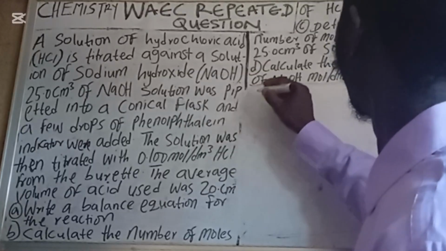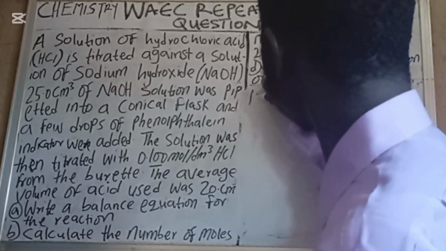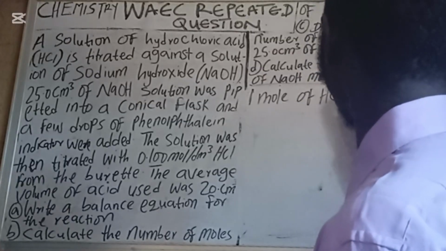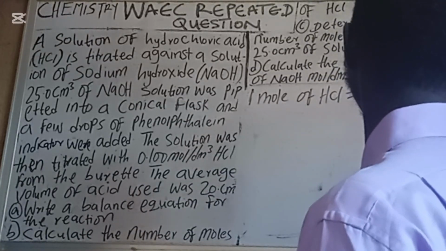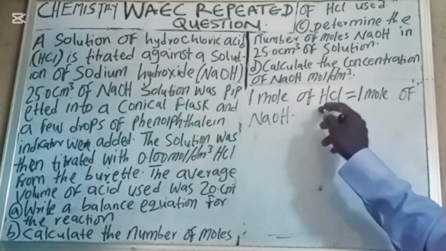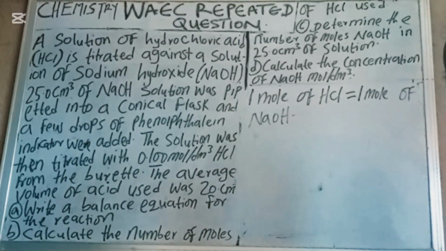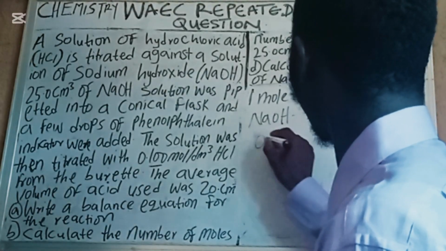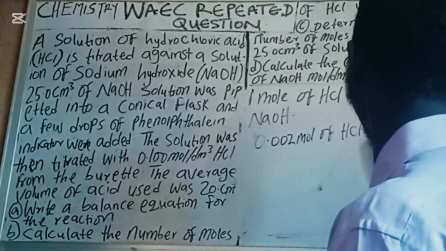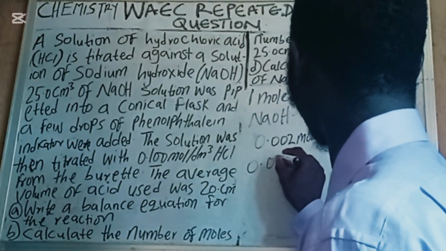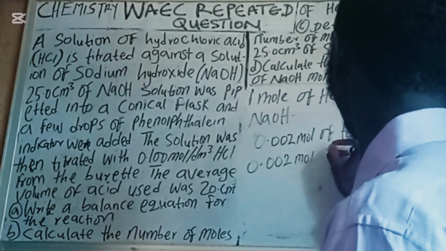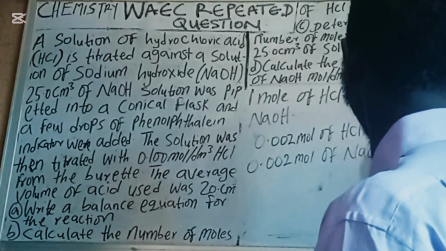As we know, the rule implies that since 1 mole of hydrogen chloride is equal to 1 mole of sodium hydroxide, it means 0.002 mole of HCl is equal to 0.002 mole of sodium hydroxide.